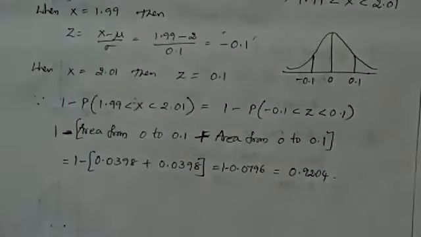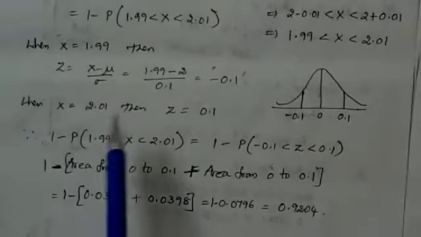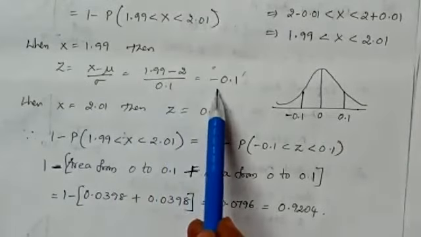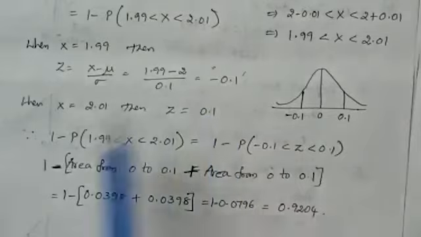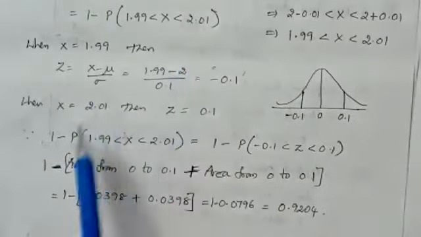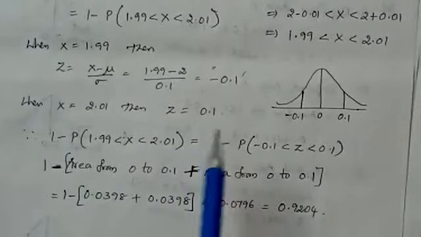Substituting x as 1.99, we get 1.99 minus 2 by 0.1, that is the z value minus 0.1. Taking the other x as 2.01 and finding the z value, you get 0.1.